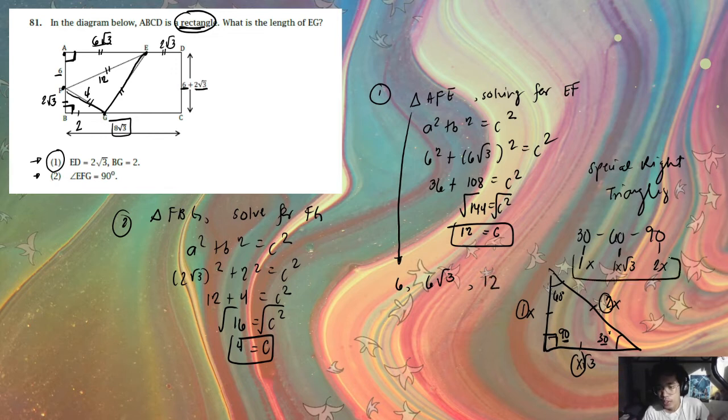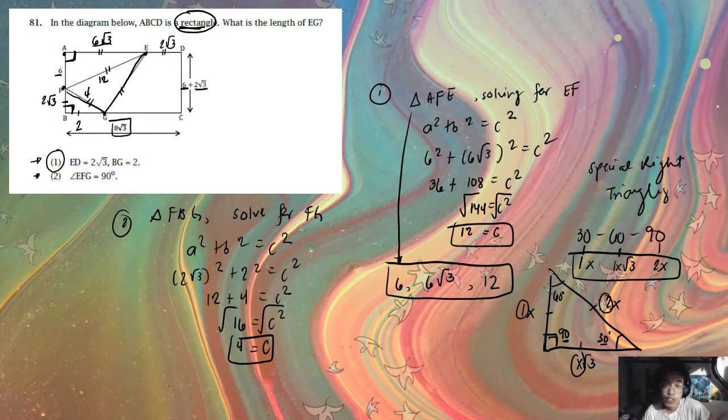This pattern is the same as the side measurements of the 30-60-90 triangle we had here. Therefore, we can conclude that the angle measurements of triangle AFE are 30, 60, 90.